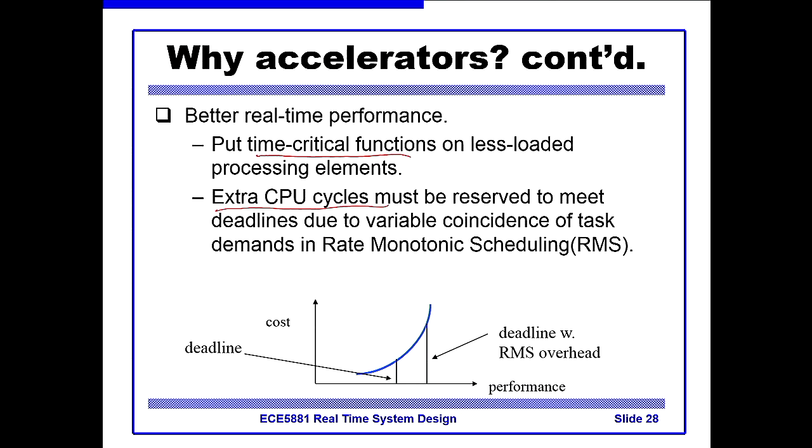So the coincidence of deadlines is handled by that extra headroom. So in the worst case scenario, everything piles up together, and that's when it needs that extra processing time. So these are interesting problems when you come at a design at a system level.